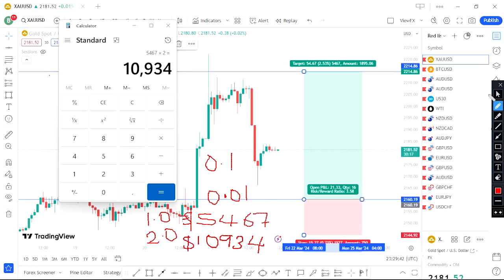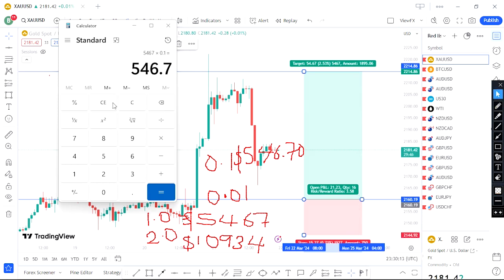What if we are using a mini lot? So we're going to have 5467 multiplied by 0.1. So that is $546.70.